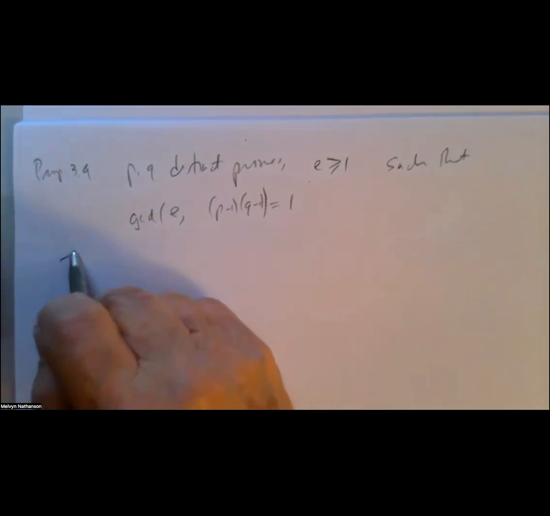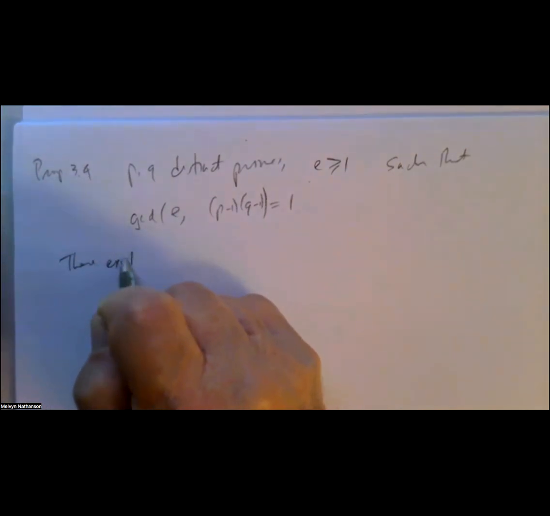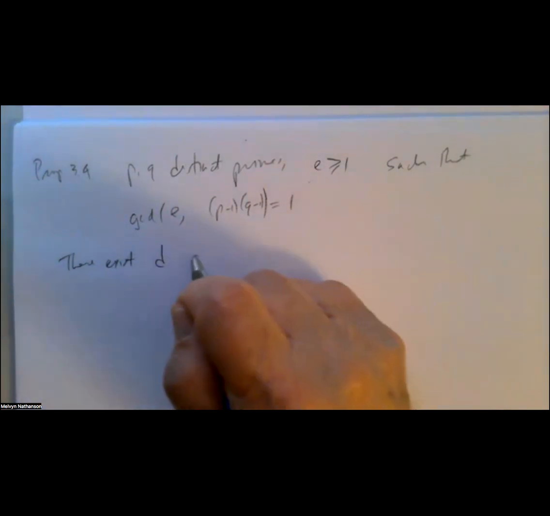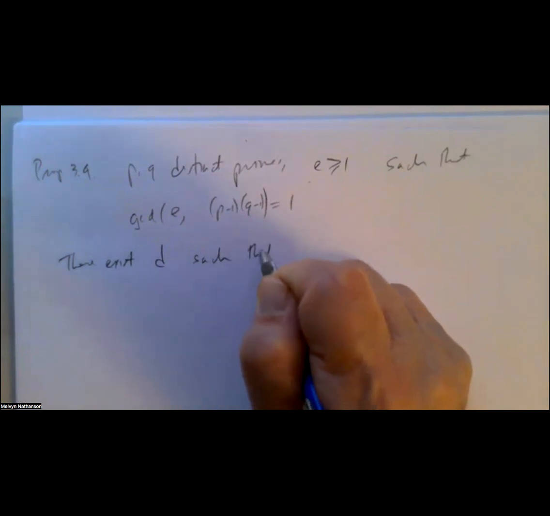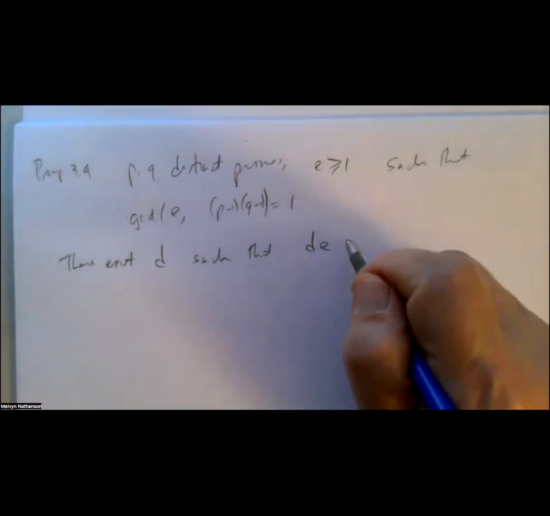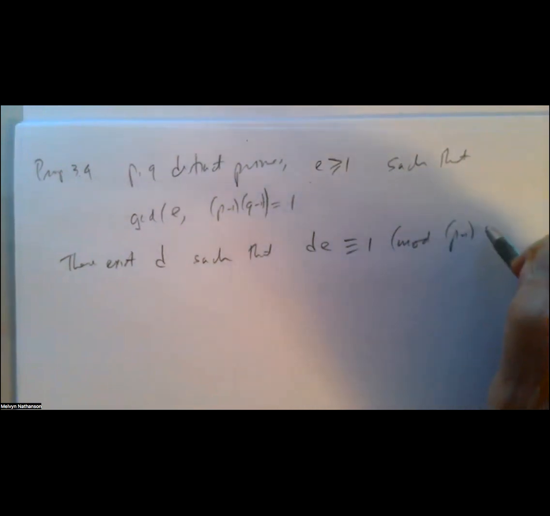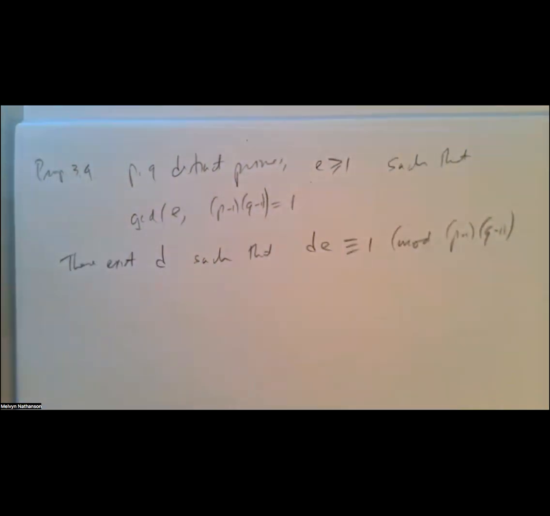So there exists an integer D that solves the congruence DE congruent to 1 modulo P minus 1, Q minus 1.